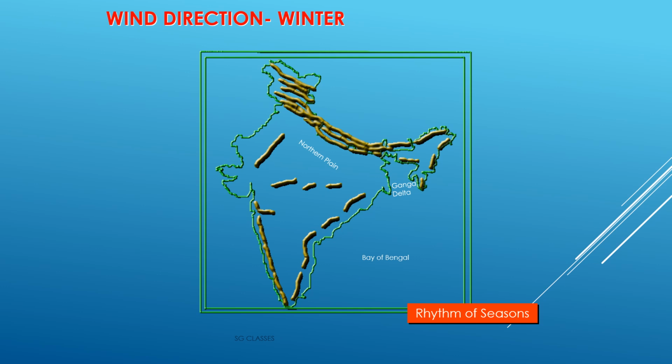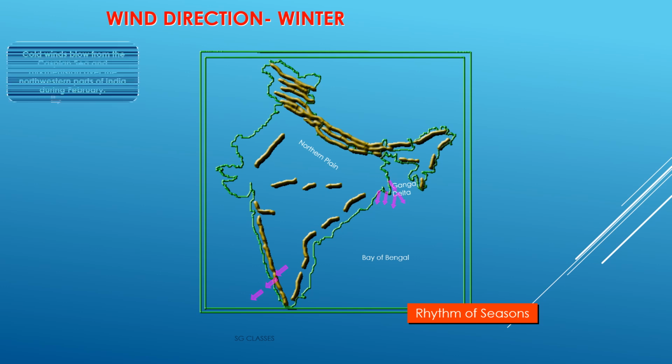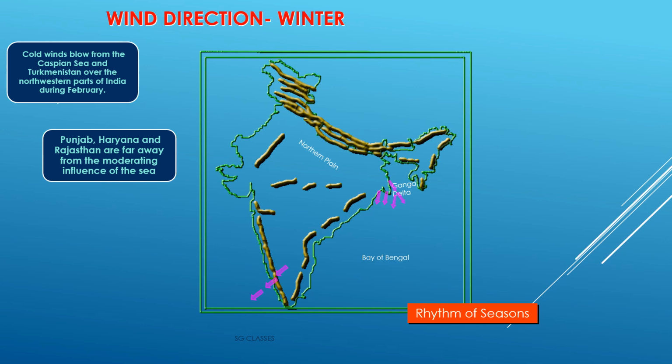Now, wind direction in the winter season. Excessive cold in North India during the winter is due to the following reasons. Cold winds blow from the Caspian Sea and Turkmenistan over the northwestern part of India during February. Places such as Punjab, Haryana and Rajasthan are far away from the moderating influences of the sea and hence experience a continental type of climate.